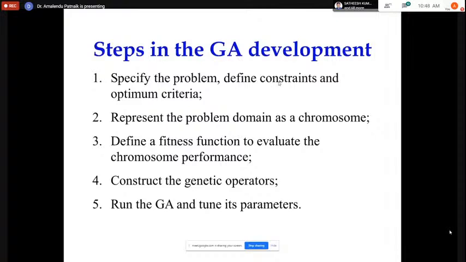Then, depending on the type of metaheuristic that you are applying, you tune its parameters during its running process, right?